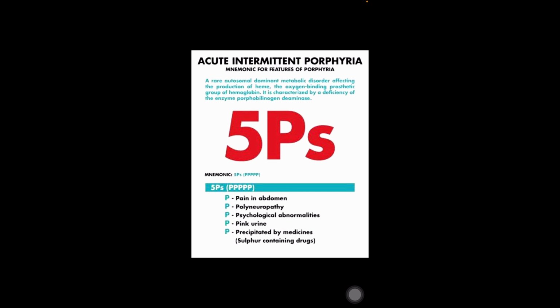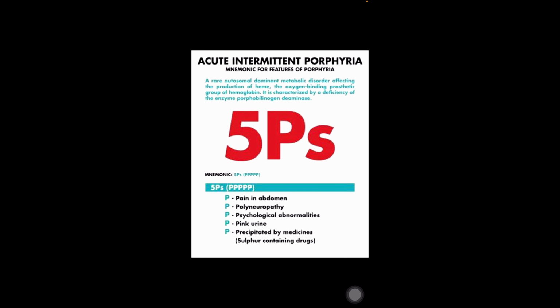And P for pink urine, or the P blood, it's like a tea colored pink urine. And P is precipitated by medicine, sulfur containing medicine like sulfonamides and other sulfur drugs, barbiturates, etc. Okay, so remember the 5 P's.